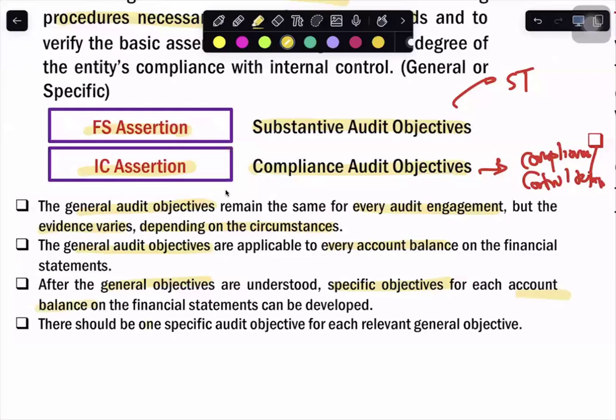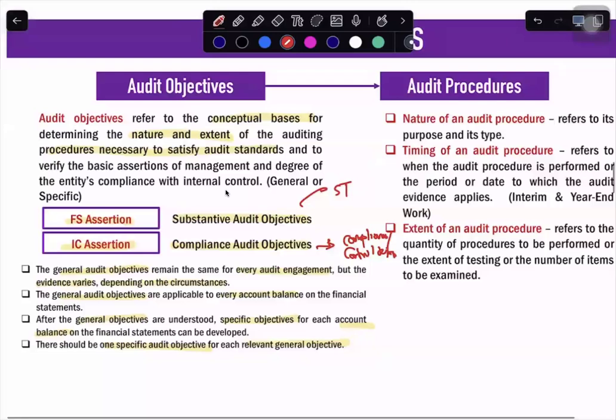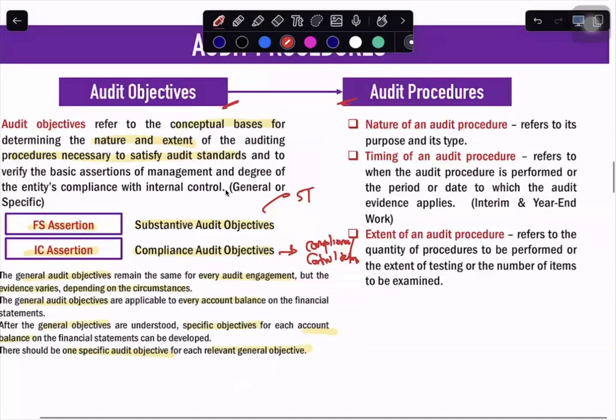And take note, there must be one specific audit objective for each relevant general audit objective. You will understand this better when we go to your TOC and substantive test. Just remember the concept. For an audit objective, you tie it to your audit procedure. So we need to determine our audit objective, and based on that, we tie it to our audit procedure.